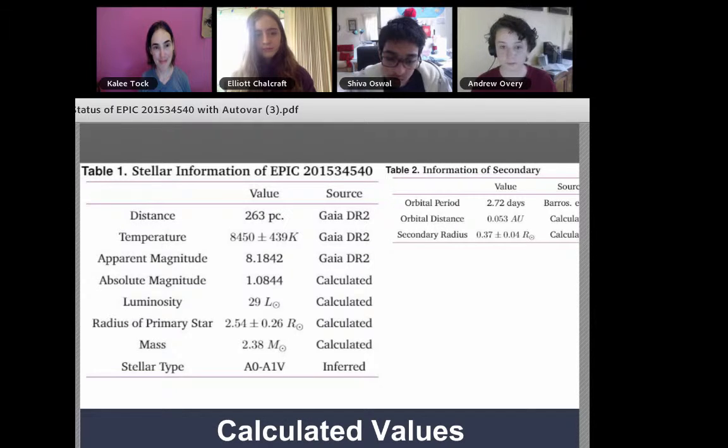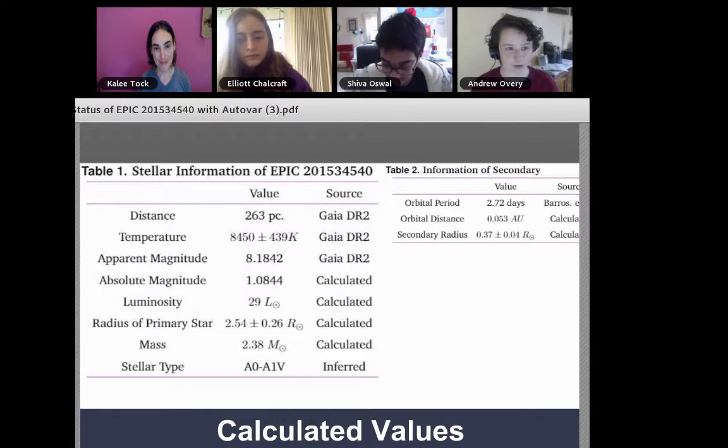Okay, so in order to understand this, the radius of the secondary body is 0.37 solar radii, which puts the secondary body straight in the middle between a brown dwarf and a hot Jupiter.